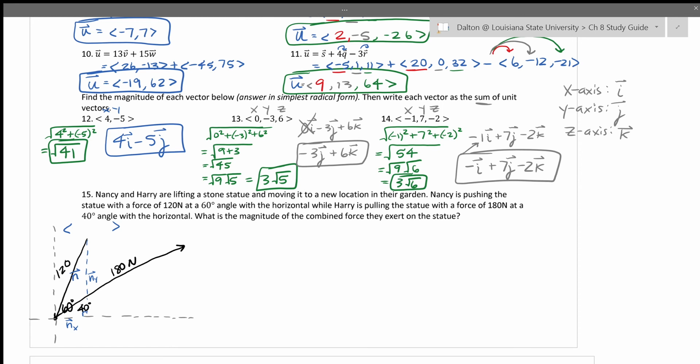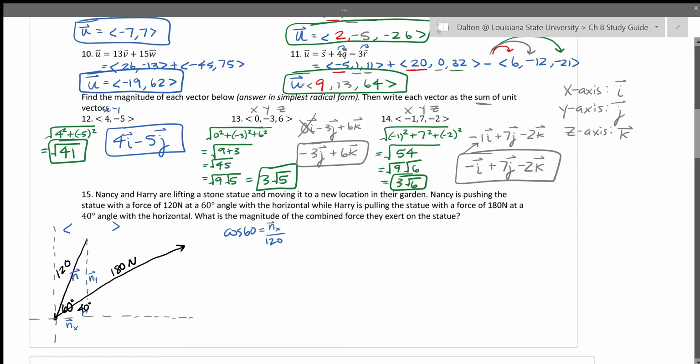In order to find her x component, if I take into account trig, SOHCAHTOA, I'm going to set up the cosine of 60 degrees is equal to adjacent over hypotenuse. So it's going to be the vector n sub x over the hypotenuse, which is 120.